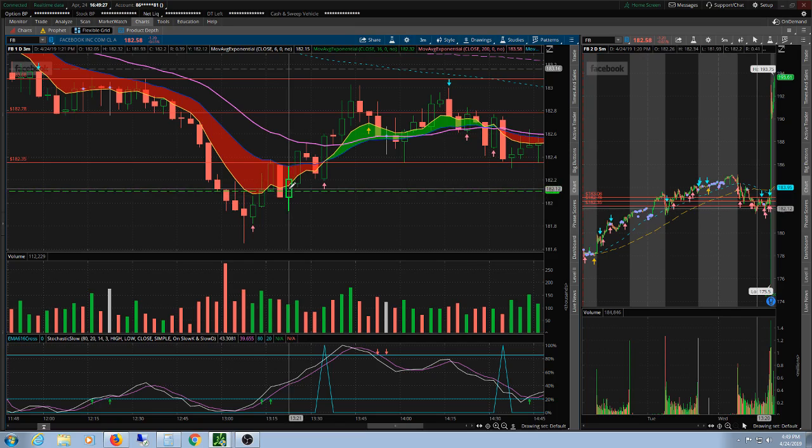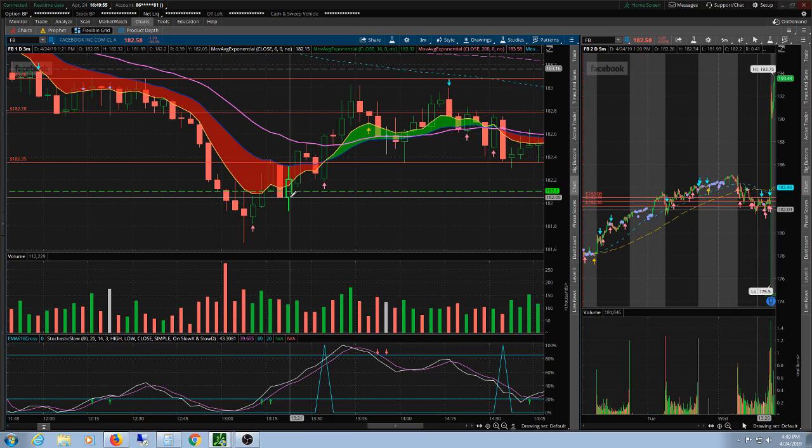I got in at the open of this candle, and I paid $264. I stopped out. Got in at 122. I stopped out at 3 o'clock. Why didn't that work out then?